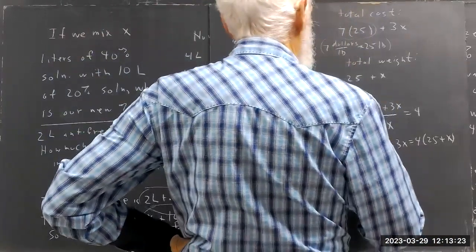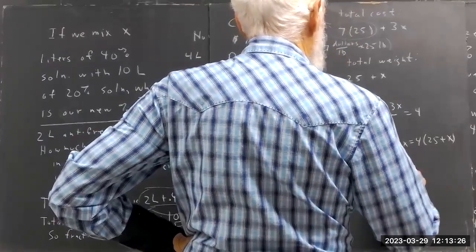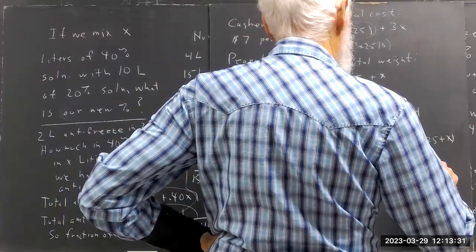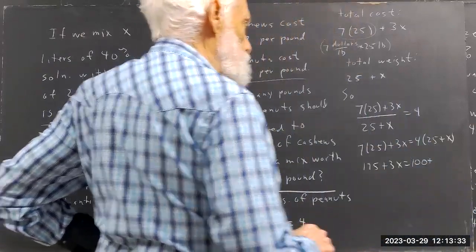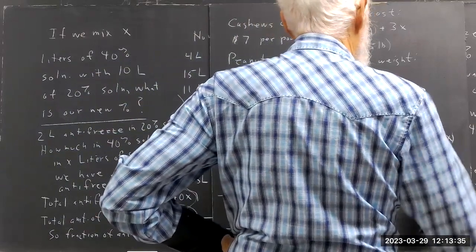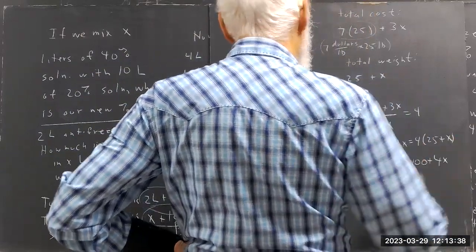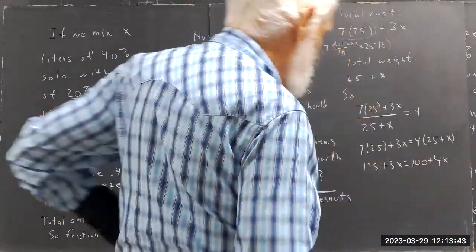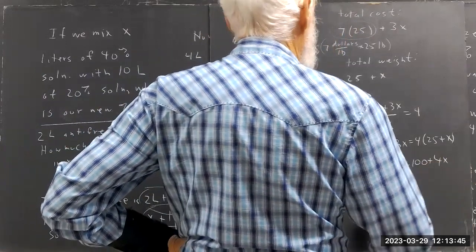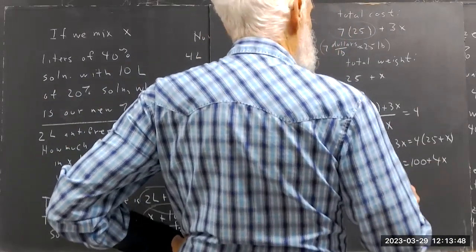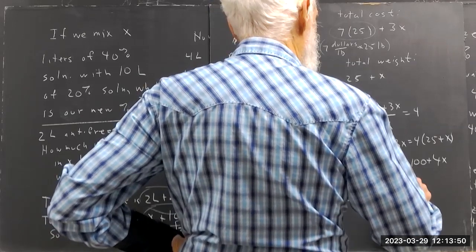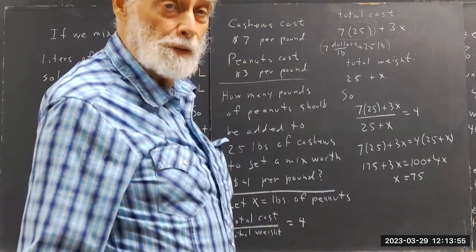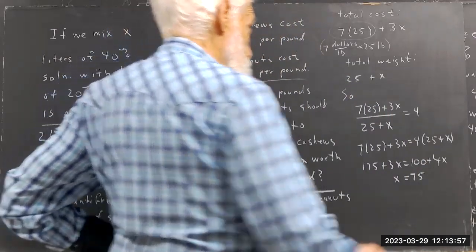Okay, so that's going to be 175 plus 3X equals 100 plus 4X. I saw the 3X and the X and was going to do X squared. My eyes are just not with the right stuff. Okay, if you have this, it rearranges, and then we're going to get X equals 75. Is that a good solution?